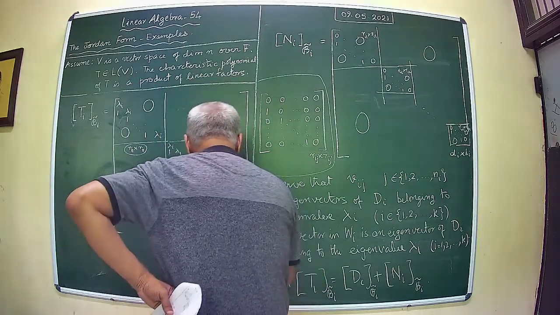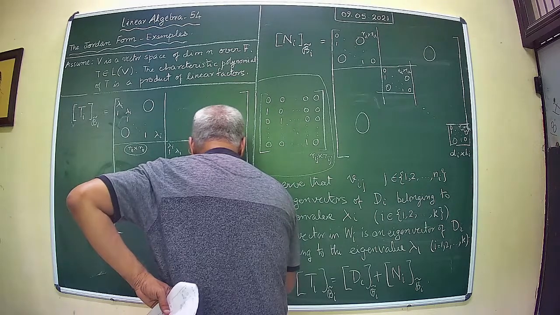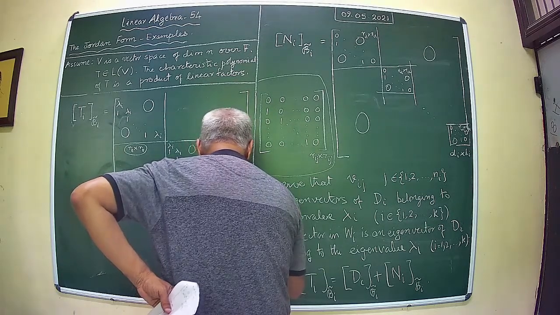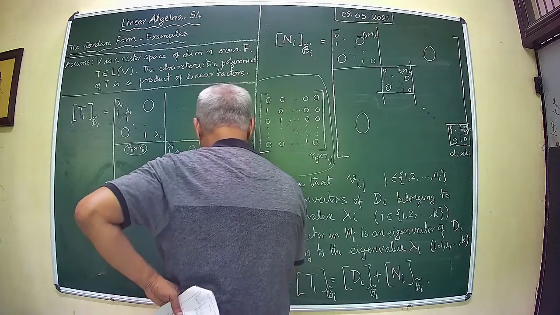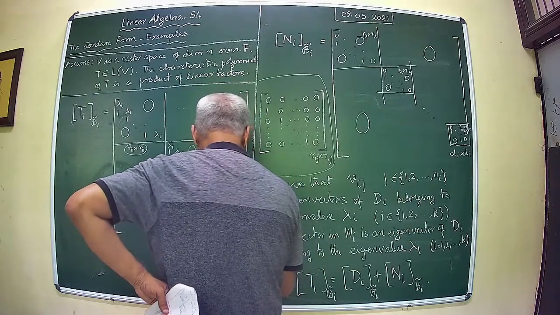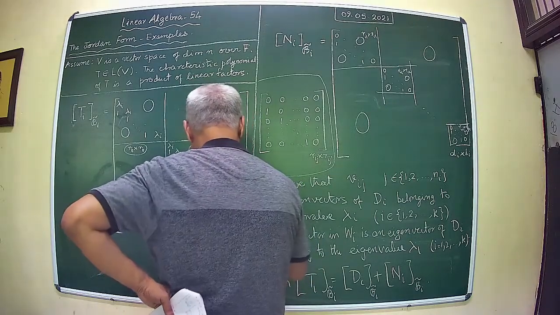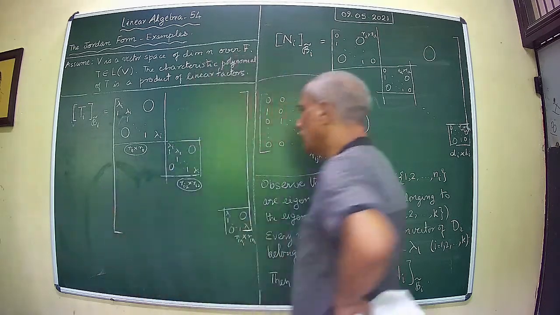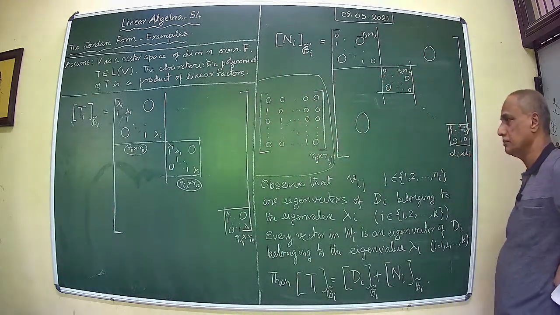Here also lambda i, all the diagonal entries are lambda i.